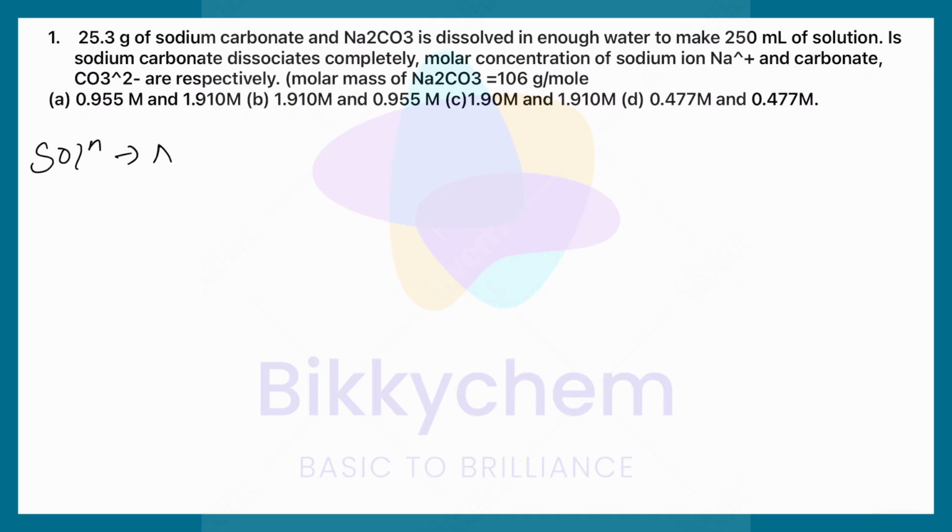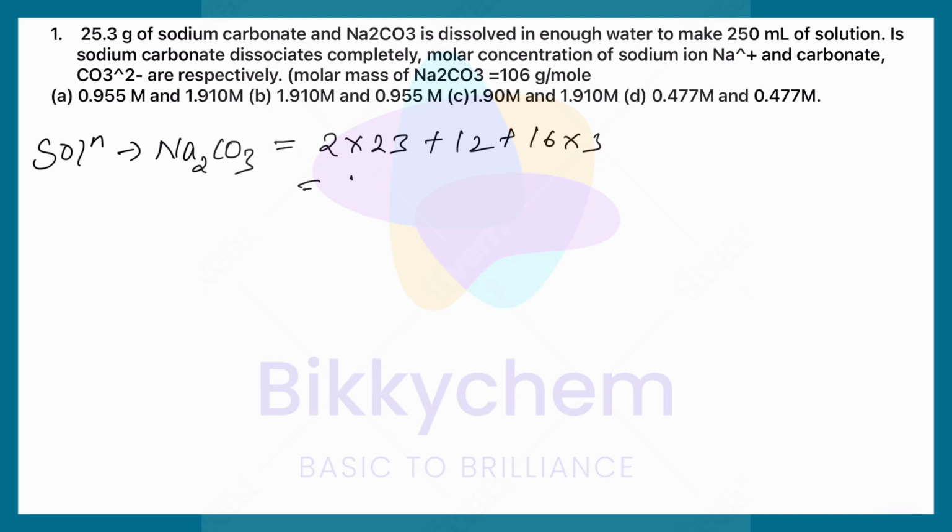So the molar mass of Na2CO3 will be 2 into 23 plus 12 plus 16 into 3, so it will be altogether 106 gram per mole. So molar mass of Na2CO3 will be 106 gram per mole.